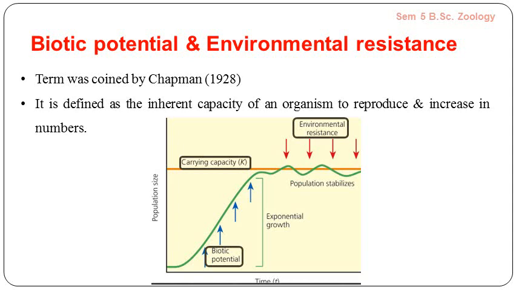Only at that particular population size, all the individuals will be getting sufficient amount of food, water, space, and every other favorable resource required for survival. Above that, it is going to affect the individuals of the population. So carrying capacity is the maximum number of individuals that can be taken care of by a particular ecosystem.